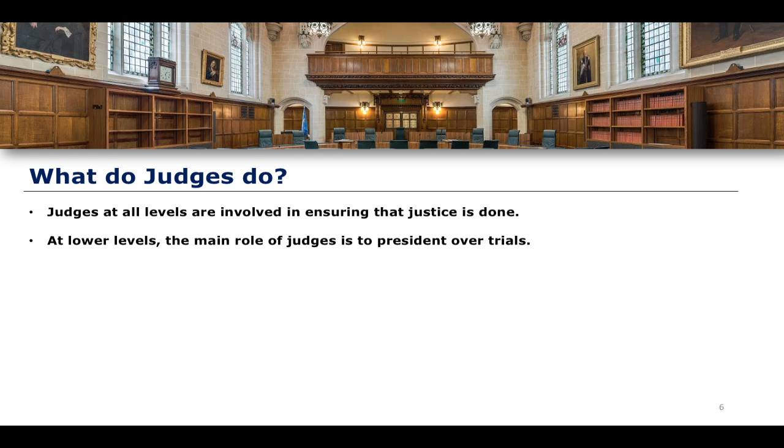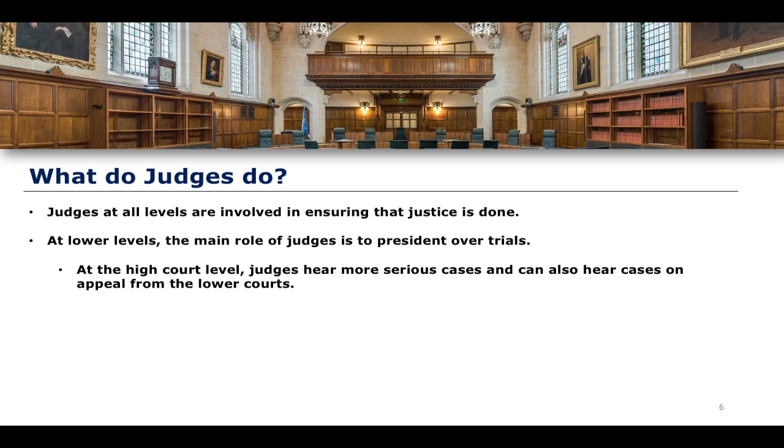The jury is the fact finder of a particular trial, whereas the judge rules upon questions and matters of law. The judge will direct the jury on matters of law, and it is the jury that will make decisions as to the facts. So there is a legal burden, which is the judge's burden, and then there's the evidential burden, which is that of the jury.